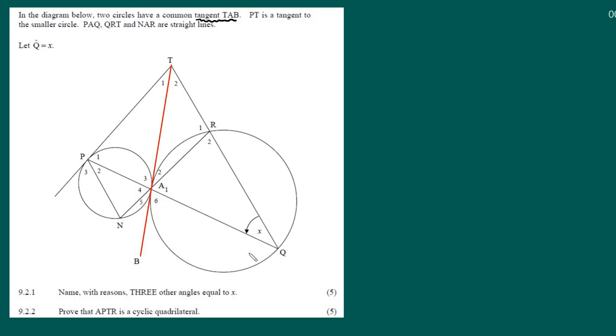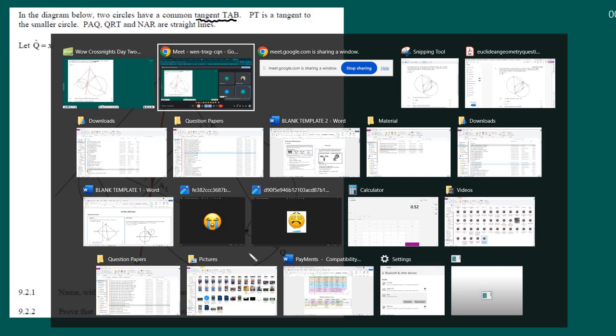So guys, can you tell me which other angles are equal to x? Check it. Remember properties related to a tangent. Yes, ma'am.